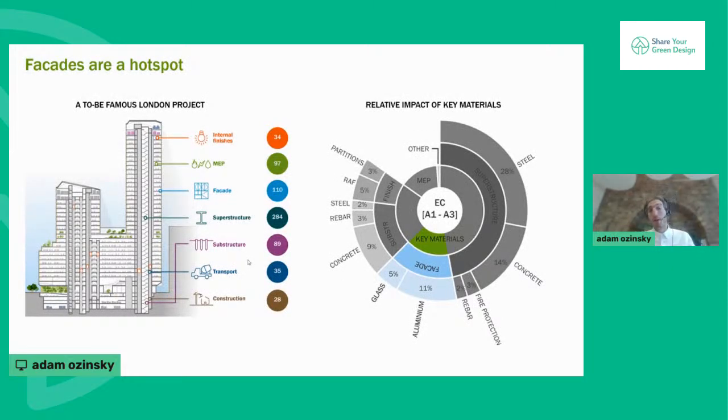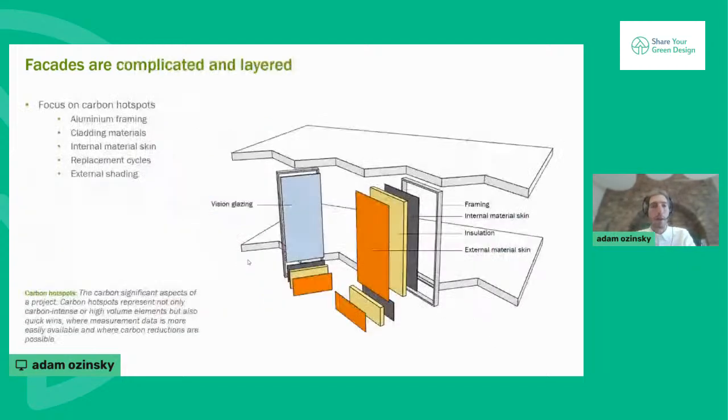Facades, as I said earlier, are also a hotspot, and I've just pulled out from a project that I'm working on at the moment, the donut, as it were, the relative impact of some of the key materials. This is a steel frame building with a composite deck, so it's actually really heavily weighted in structure. But you can see even in the facade, something like 15-ish% of the upfront embodied carbon is just the facade.